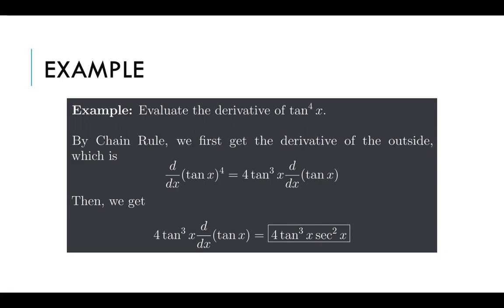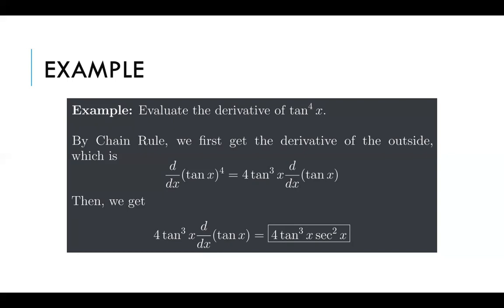So we have the first derivative with respect to x of quantity tangent x raised to the fourth power. So we do normal algebraic differentiation to this one. So the 4 will be multiplied and the exponent of tangent x will be subtracted by 1. So we get 4 multiplied by tangent x cubed. Then the function tan x, which is the inside function, will be differentiated.